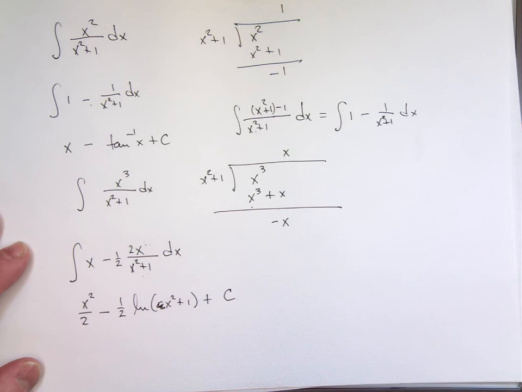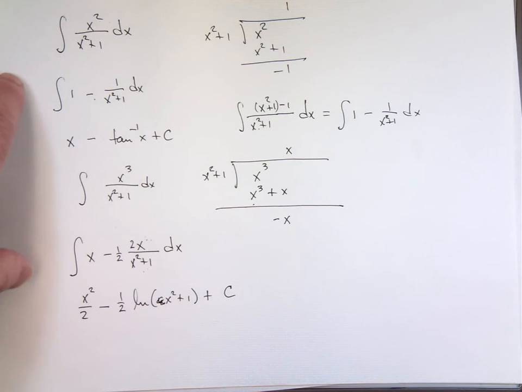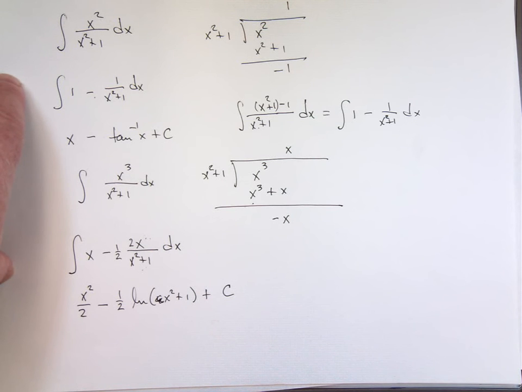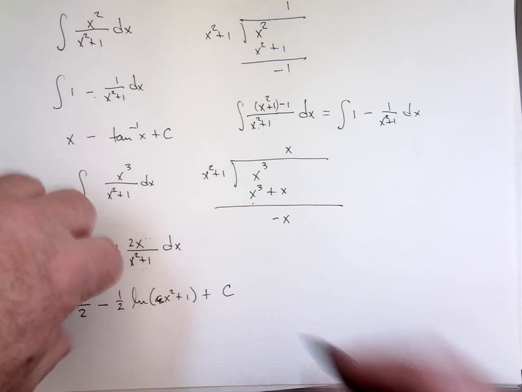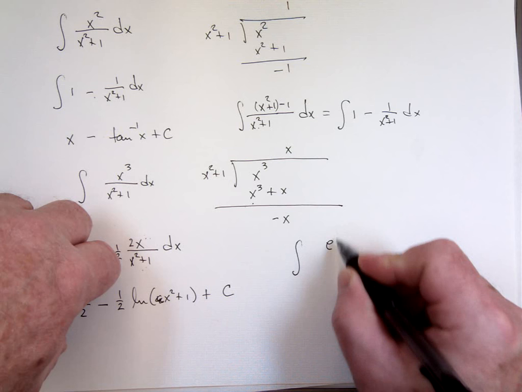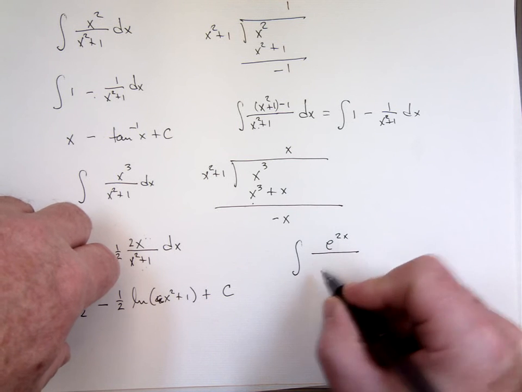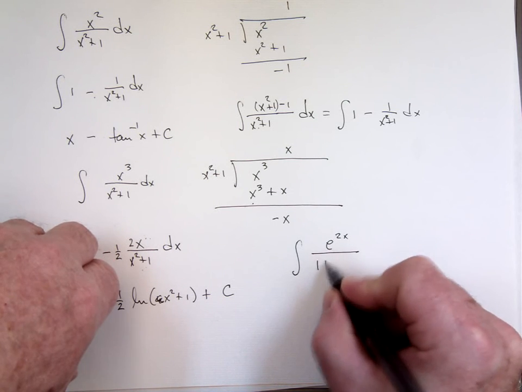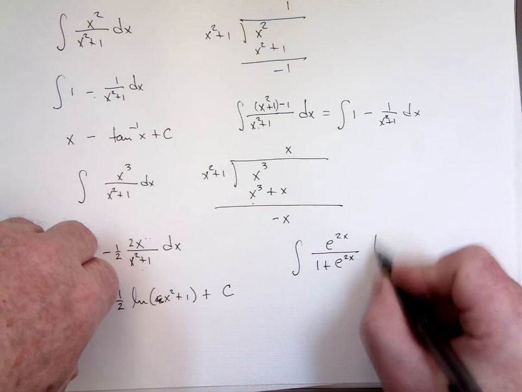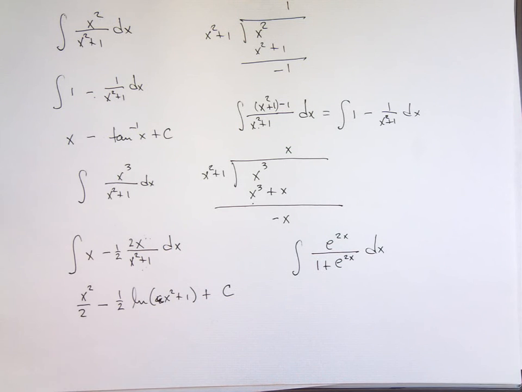One more thing I should mention. Sometimes these things are disguised. You may have something like this. What form is this? What form is it? X squared over x squared plus 1?